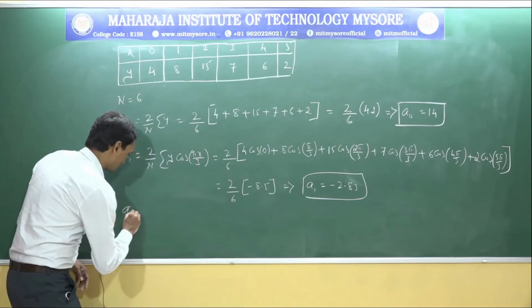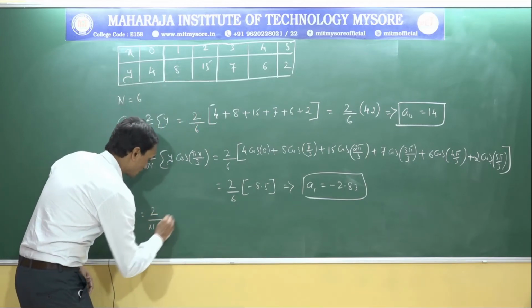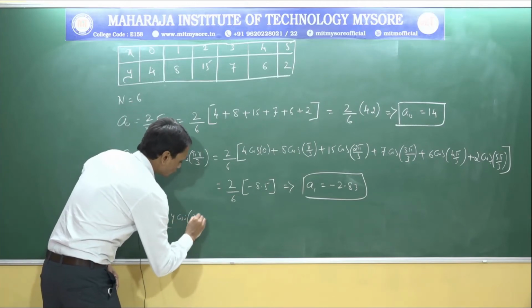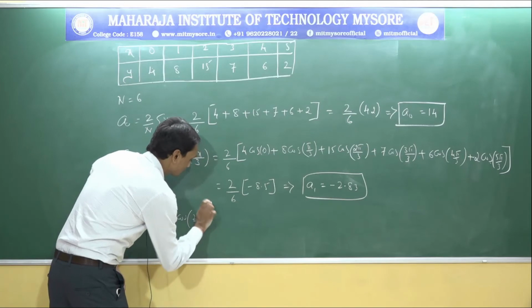Now I will go for the a2 value, 2 by n into summation of y into cos 2 pi x by 3.